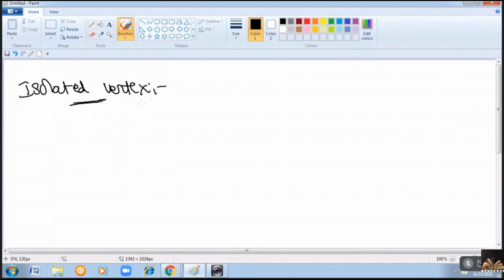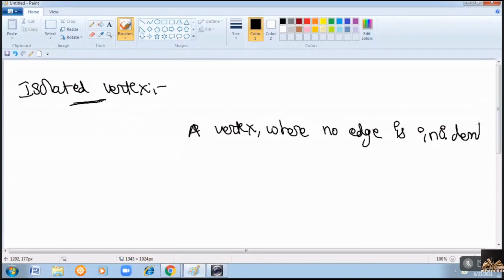A vertex where no edge is incident with it is known as an isolated vertex.